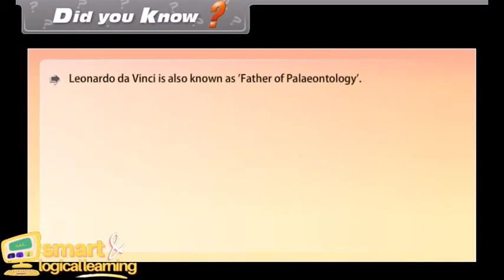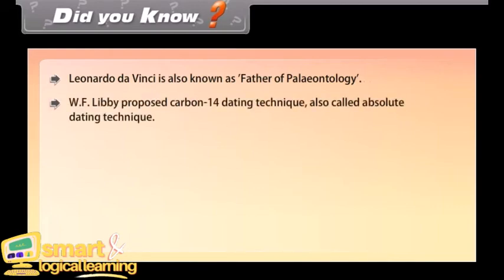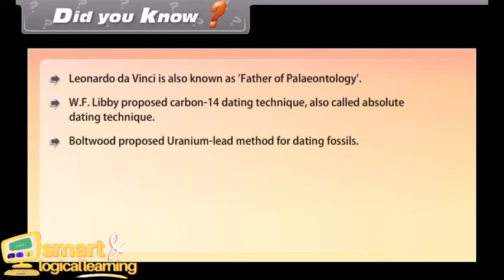Leonardo da Vinci is also known as the father of paleontology. W. F. Libby proposed the carbon-14 dating technique, also called the absolute dating technique. Boltwood proposed the uranium-lead method for dating fossils.